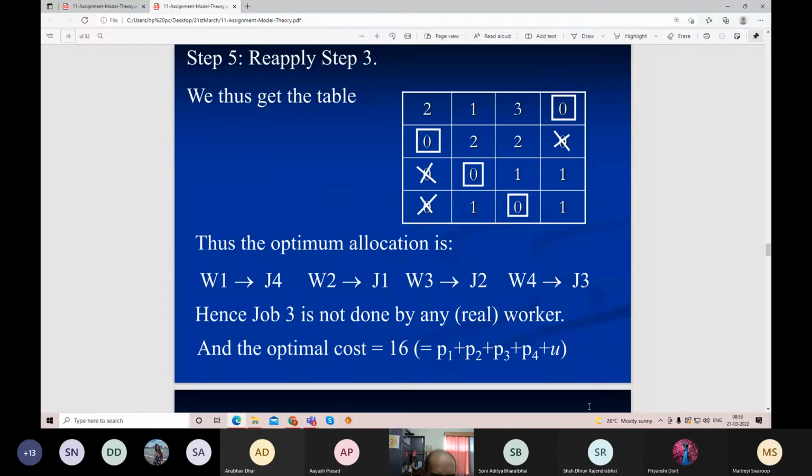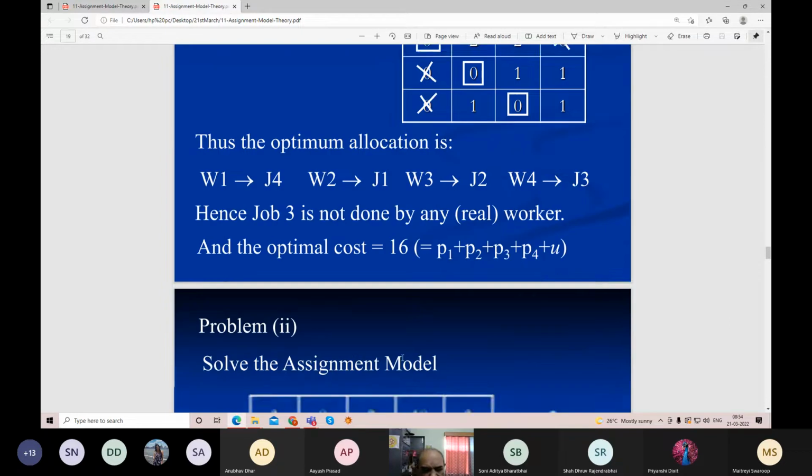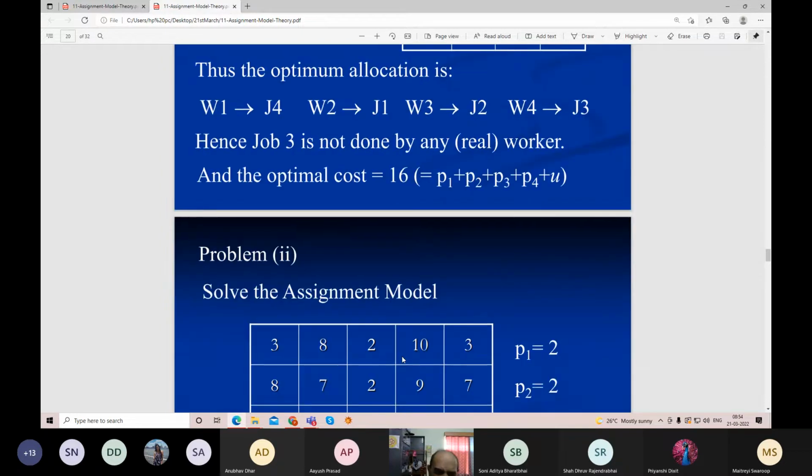So job 3 is not done by any real worker, but the optimal cost you can see here is P1, P2, P3, P4 plus U, whatever you have added here. So altogether the optimal cost is 16 units. Okay, that's all. Now we have another problem.